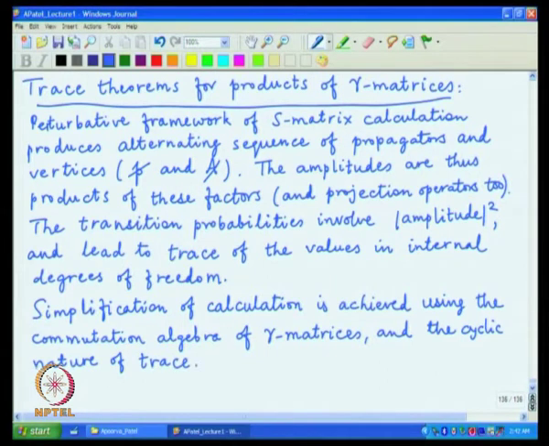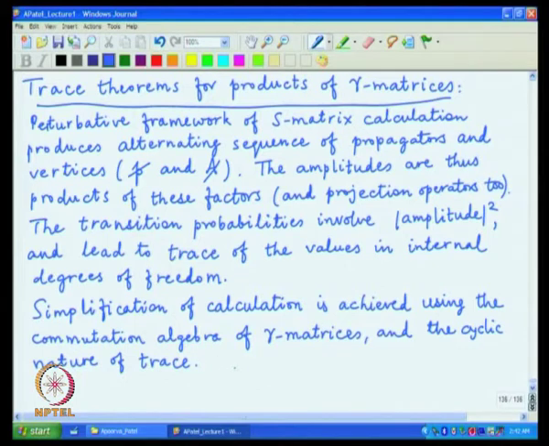By that I mean that the trace of a product of matrices is invariant under cyclic permutation. So, you can evaluate the products in many different ways depending on the convenience.